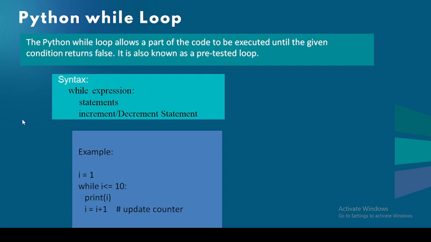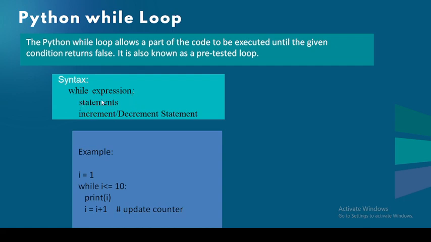Look at my syntax. When I start the while loop from the very left side, the statements that are indented are inside the while loop. What does it mean? That these two statements and the increment and decrement statement are inside the while loop. This is called indentation: we have to provide spaces before the line whenever we start a loop, and if the colon is there, it implies that the indentation has to be followed in Python.